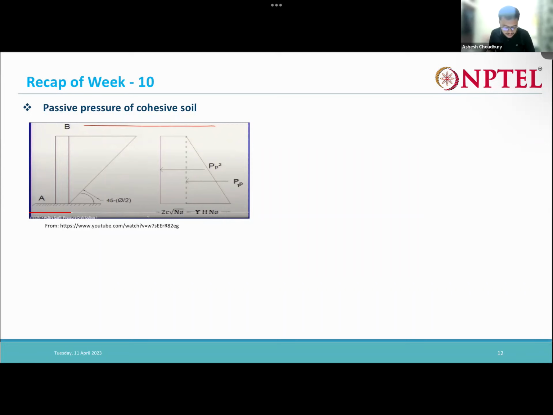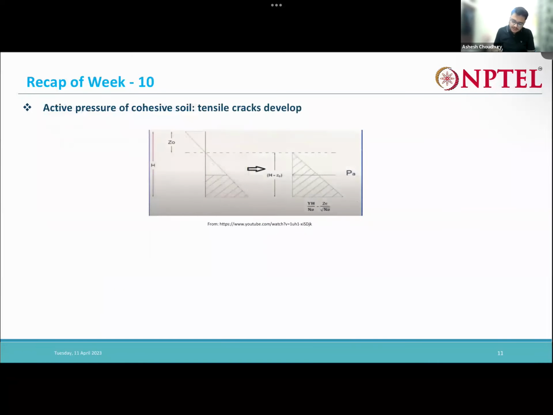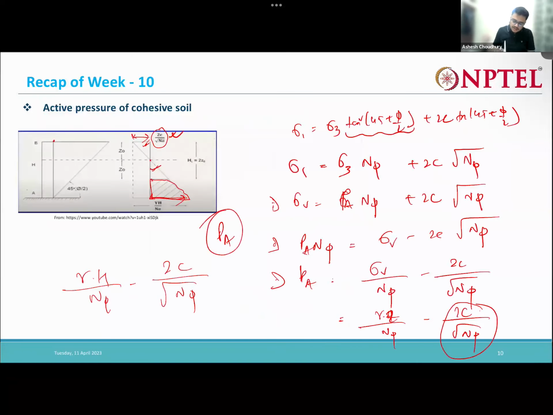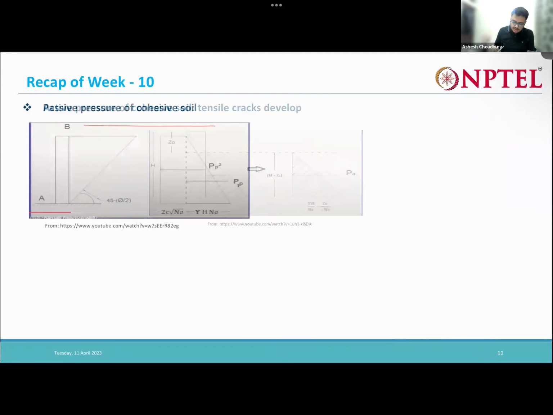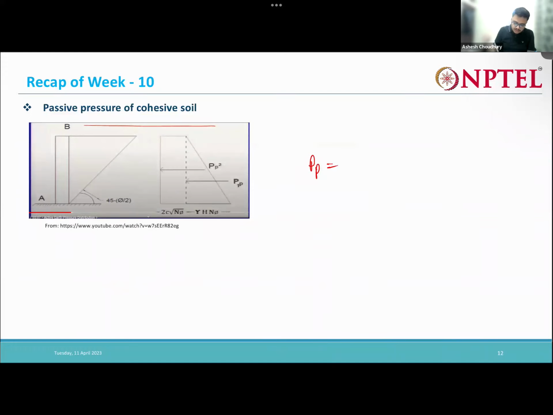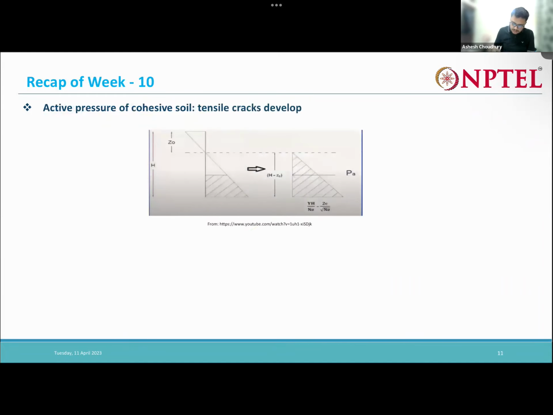Now in case of passive pressure, if you do this same operation for the passive case, you will see that we are getting passive pressure equal to, let me do it.